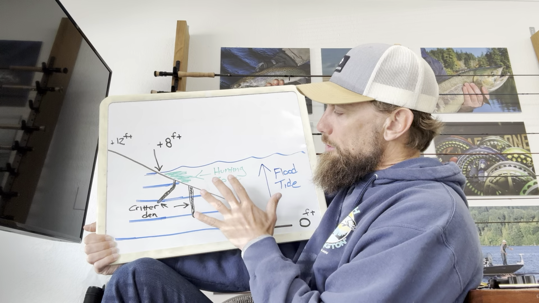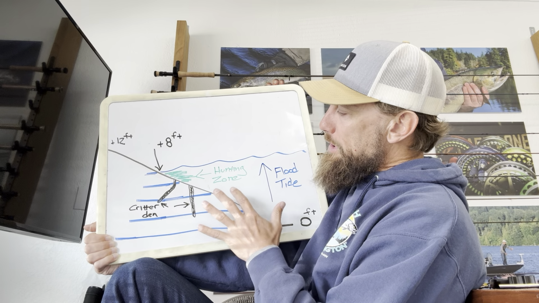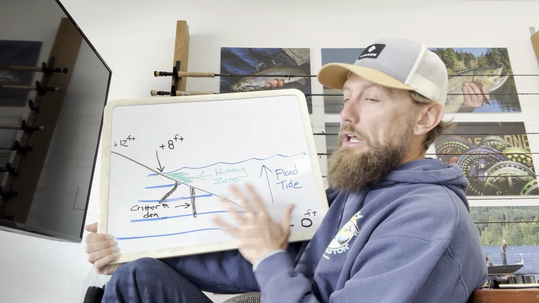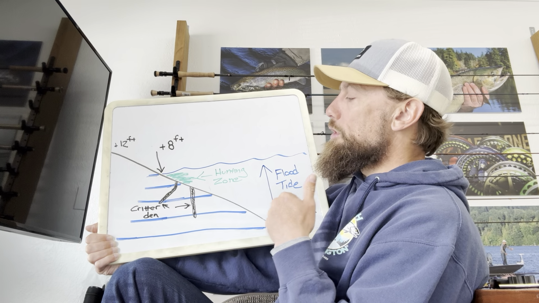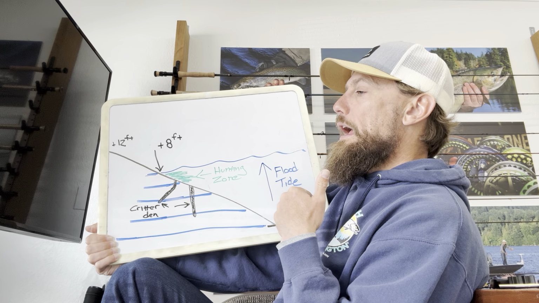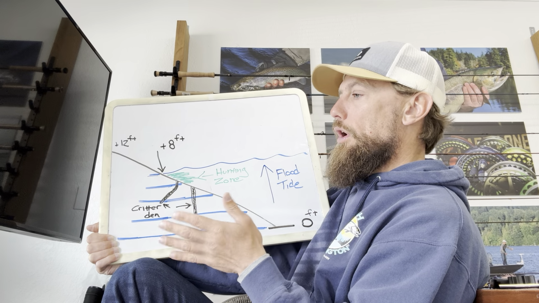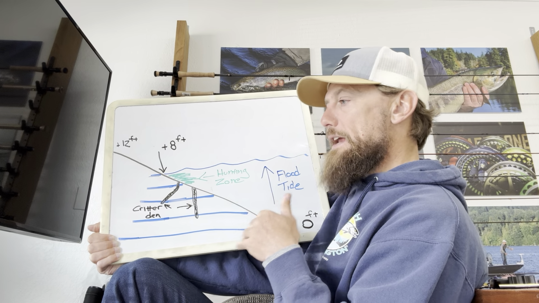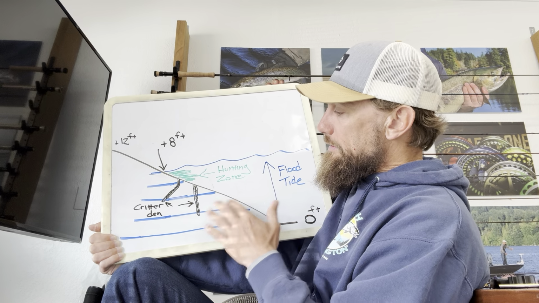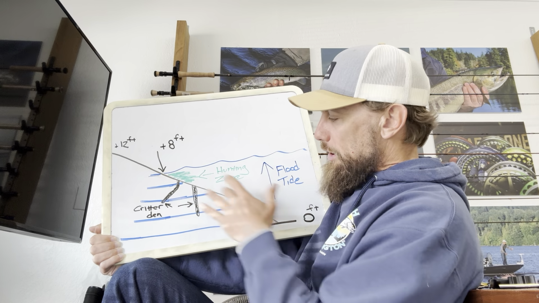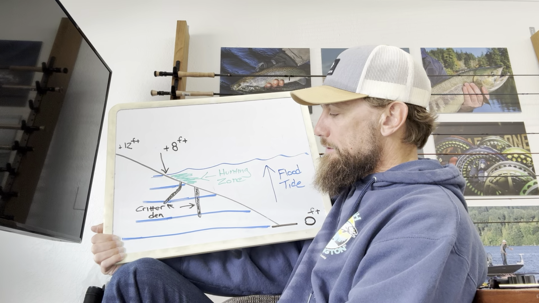This picture is representing a beach that doesn't have a lot of current flow. In the next video or two, we'll get into how current flow alters tidal feeding in trout, because it has a big impact. But on a beach like this, and I should have drawn some more structure here, but it is what it is.